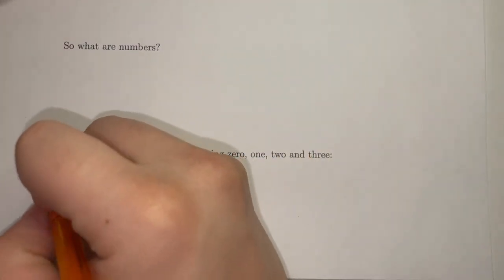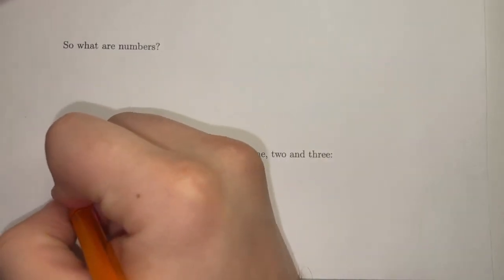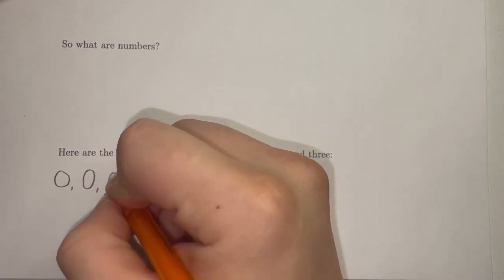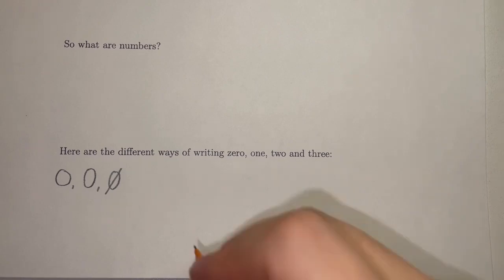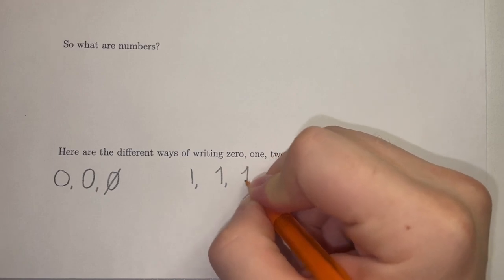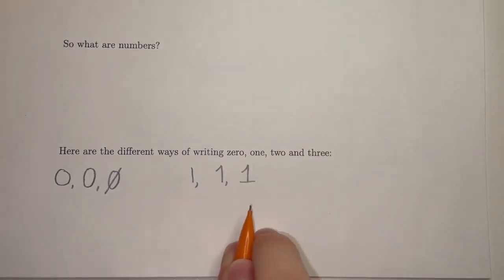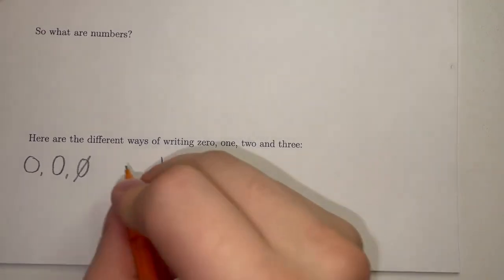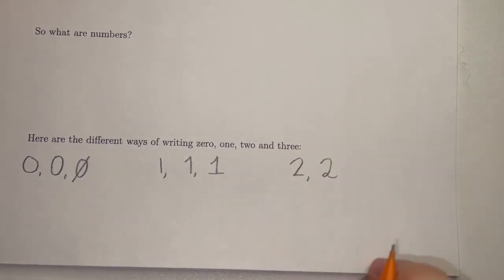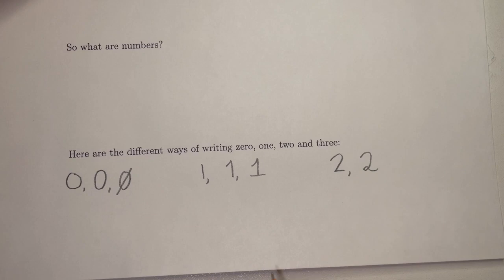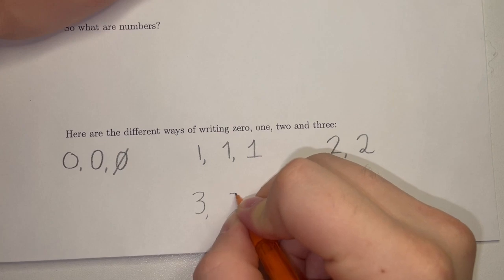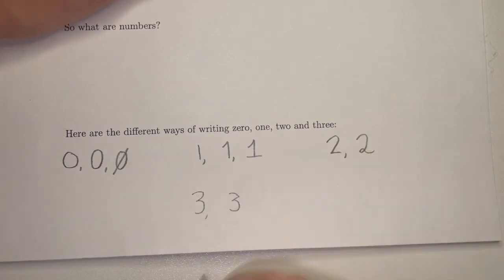So for example, the different ways that you might see 0 written are as, the different ways you might see 1 written is as, the different ways you might see 2 written is as, and then finally the different ways that you might see 3 written is as, like that.